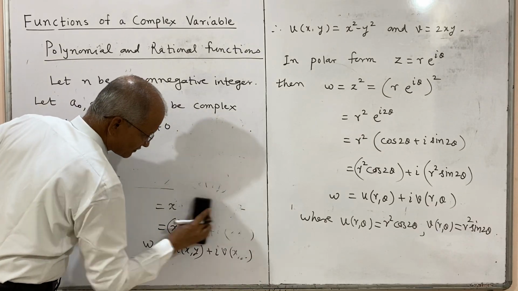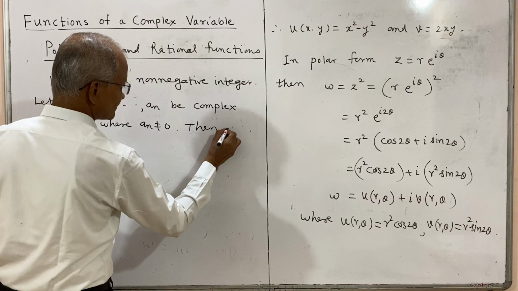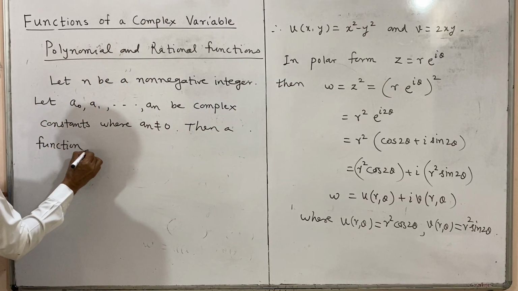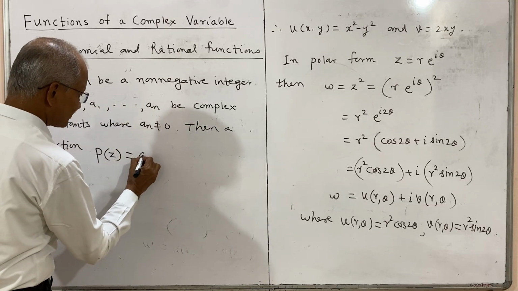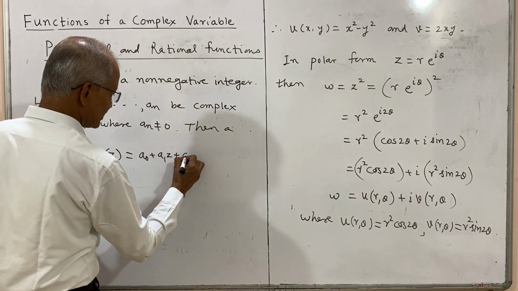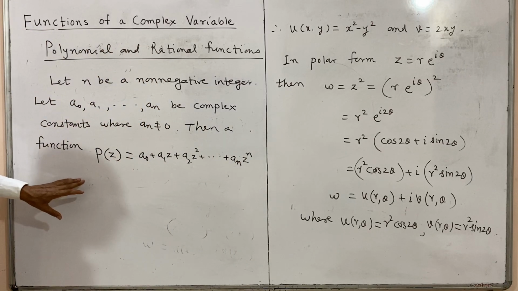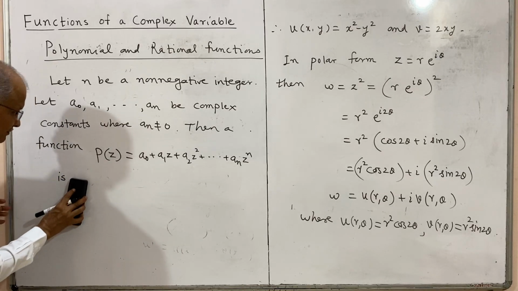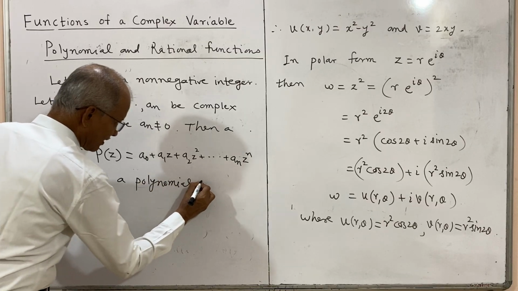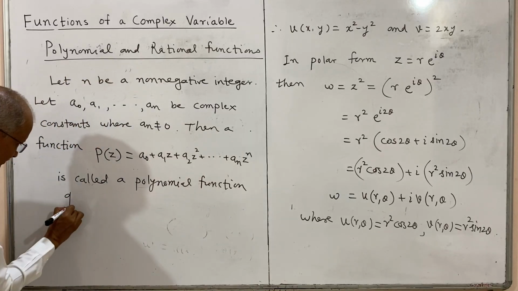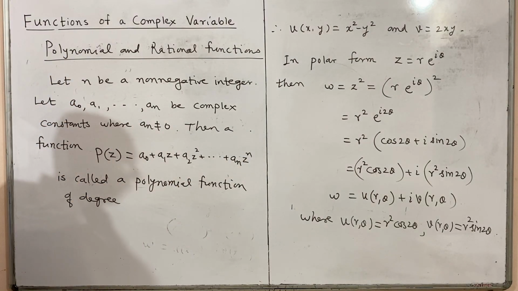Then a function p of z, which may be denoted by any notation, here denoted by p of z and expressed as a0 plus a1 z plus a2 z square and so on up to an z power n, is called a polynomial function of degree n, because an is not 0 and the highest integer power of z is n.